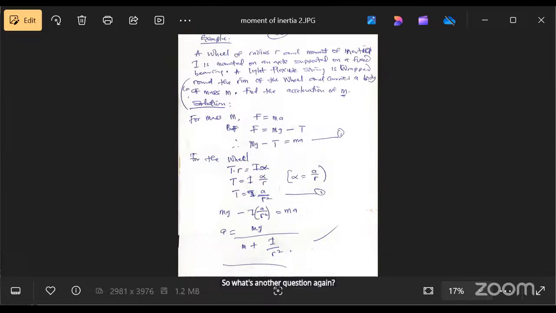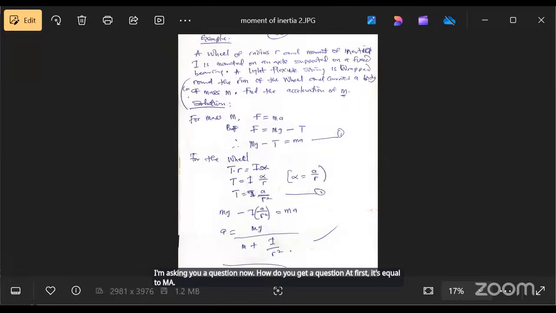Sir, please, how did you get the formula alpha equals A over R? How did you get the formula alpha equals acceleration over radius? I'm asking you a question now: how do you get F equals MA?